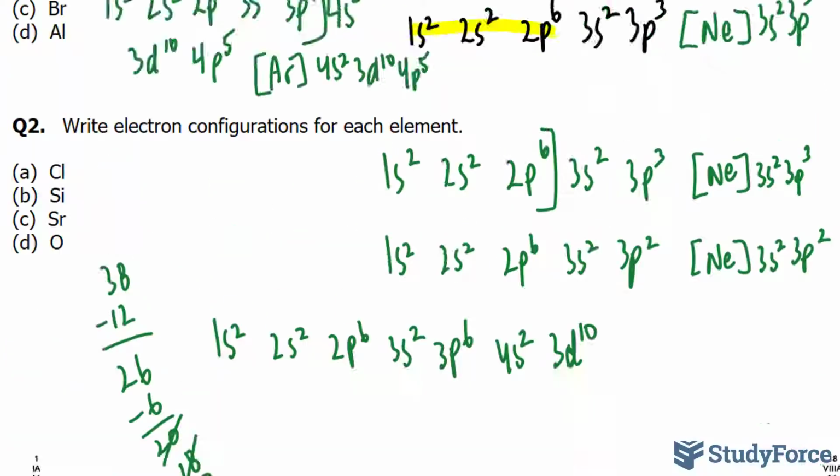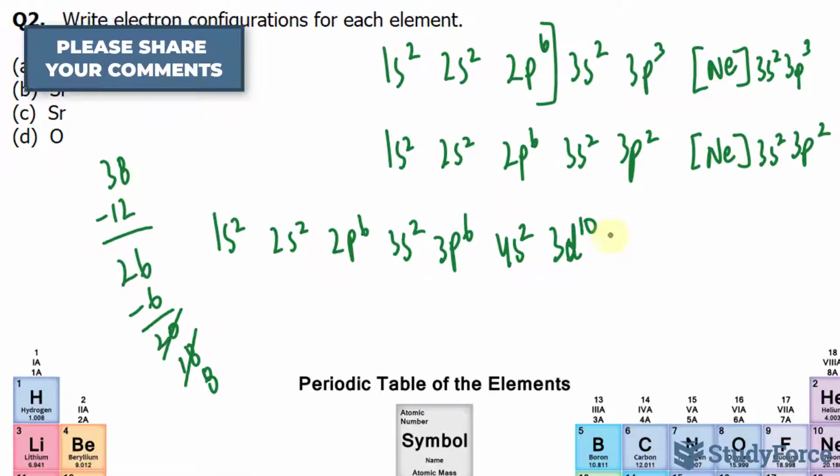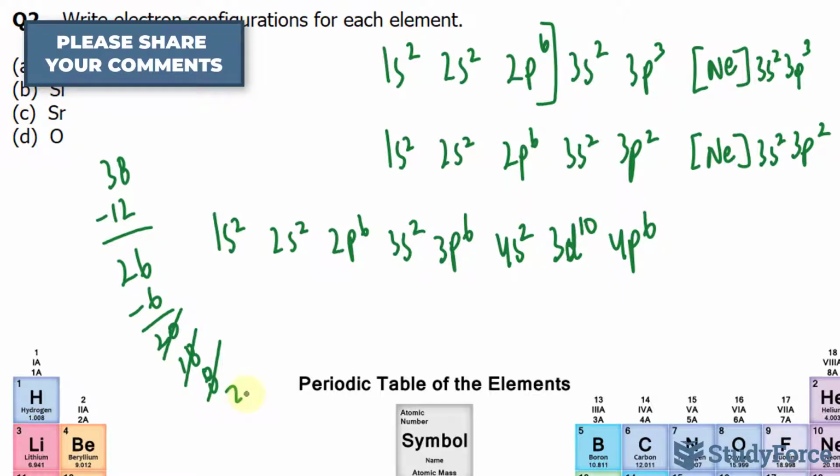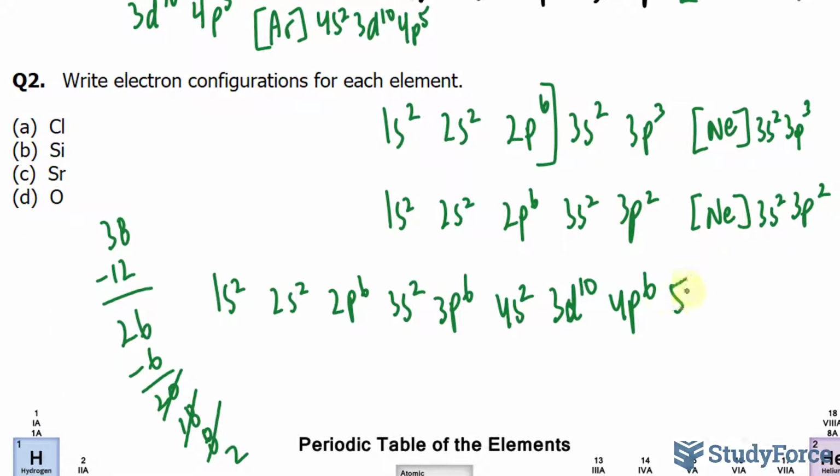8 left. After 3d is 4p, and that holds up to 6. 2 more left. After 4p, going in this diagonal, we have 5s. And since we only have 2 more electrons left, we'll write down 2.